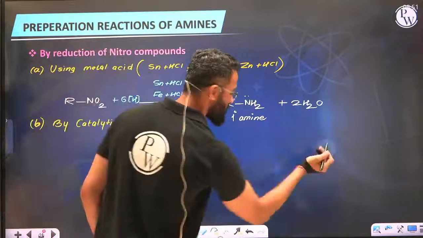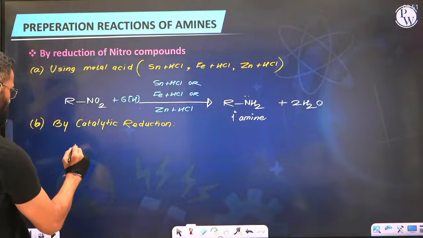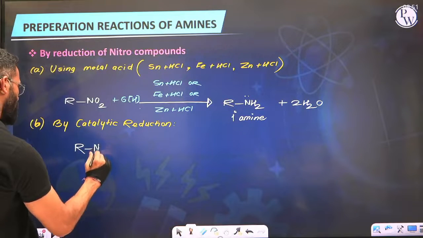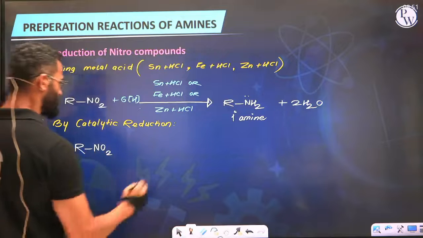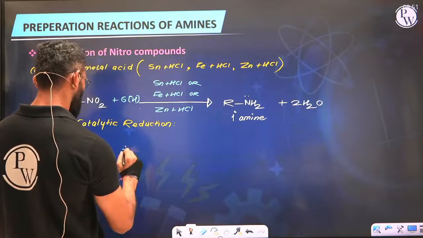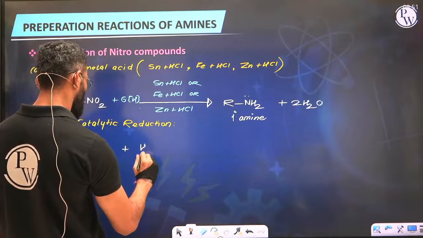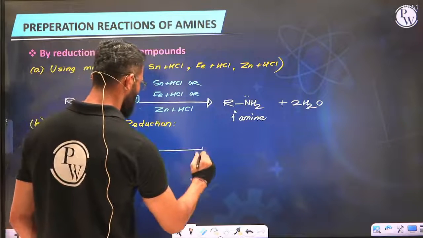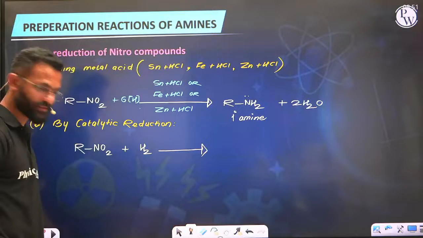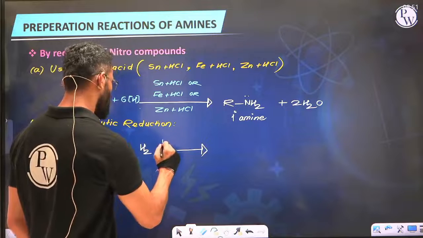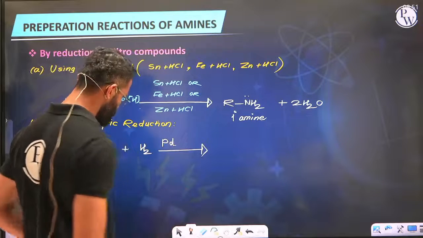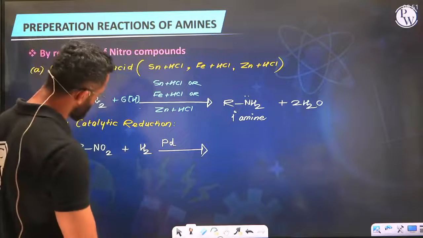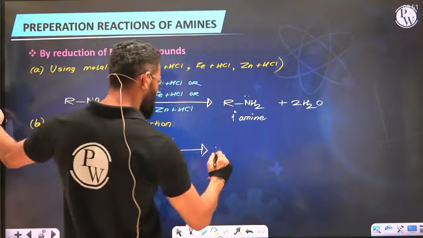Well, so when you talk about catalytic reduction, it is simply, if you find nitroalkane is given, and you're carrying out hydrogenation, if the condition is given as hydrogenation using a metal catalyst such as palladium, generally palladium is used, you'll see the nitro will be converted to primary amine.